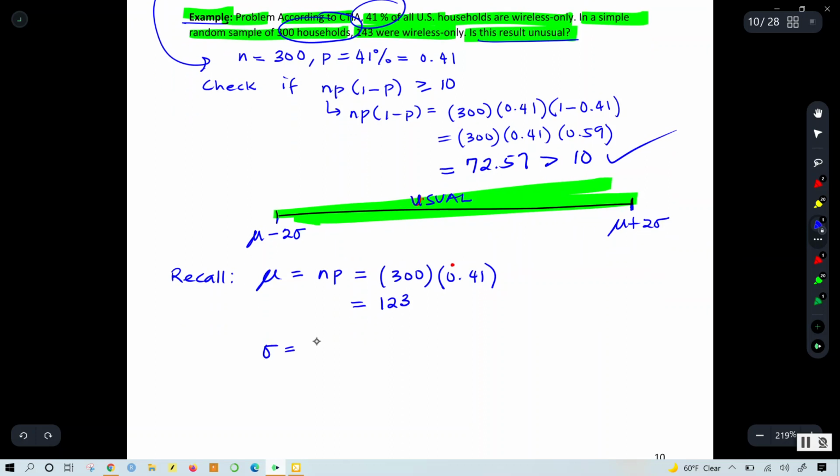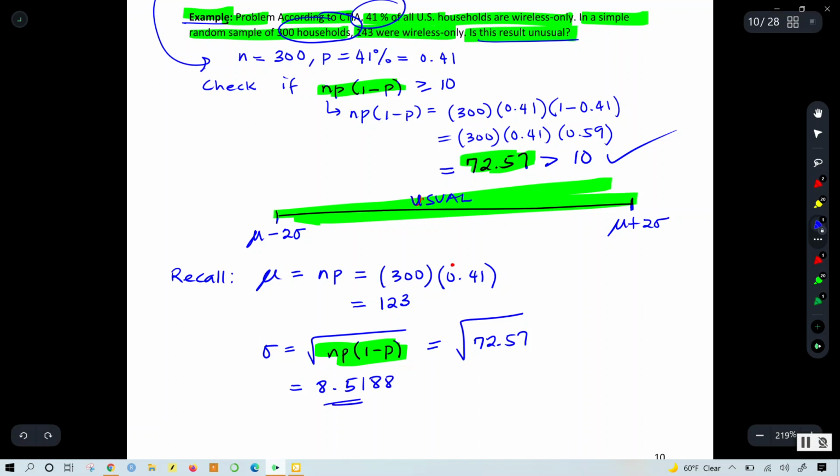And the standard deviation is the square root of n times p times 1 minus p. We got the answer for np(1 minus p) earlier to be 72.57. So you're finding the square root of 72.57, which is 8.5188. This is the standard deviation there.